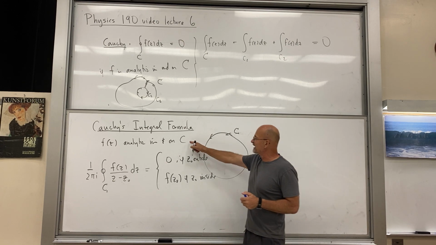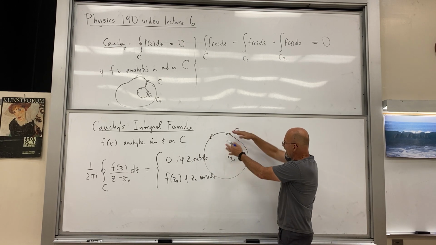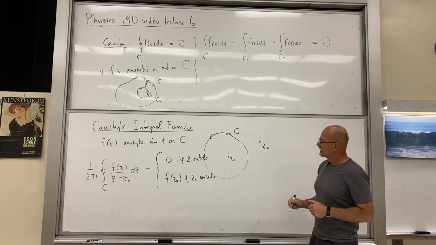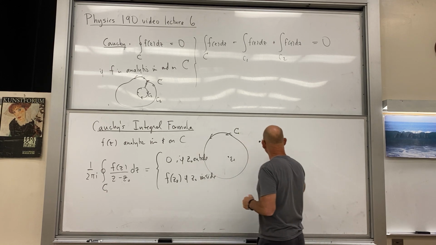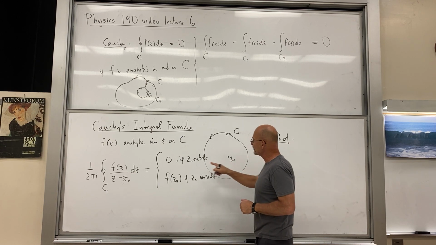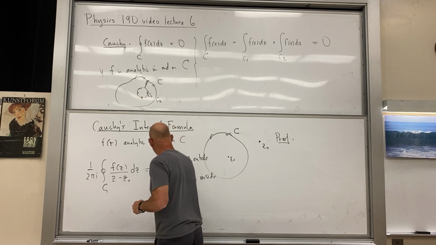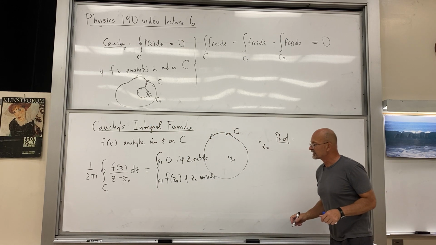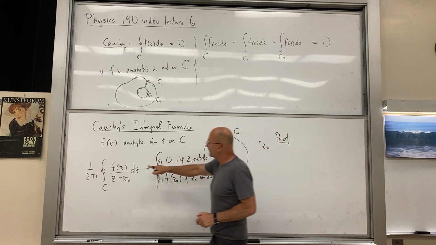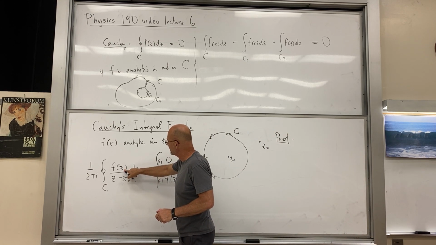So analytic in and on C, and we imagine we've got a neighborhood around there, so we're not worried about it. Those are details. Okay. So the proof of this, for the first one here, 1 and 2, is almost self-evident. If z sub 0 is outside, f of z is analytic.